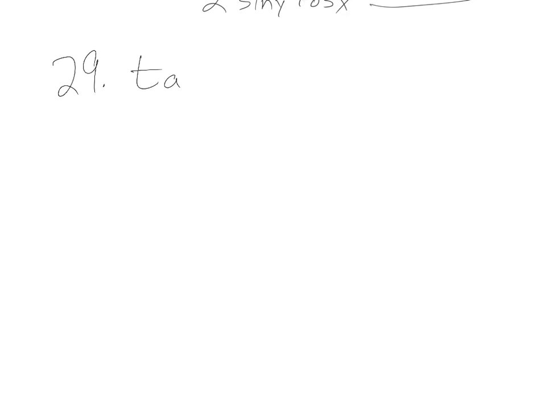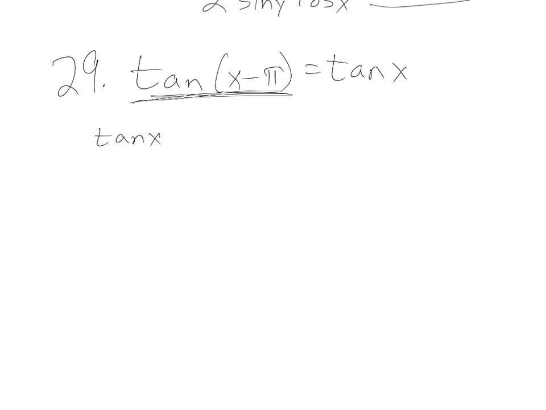Okay. The tangent of x minus pi is equal to the tangent of x. Okay, again, you need to recognize this is one of the formulas you're going to be doing, so let's use that. So that's the tangent of x minus the tangent of pi all over 1 plus tangent of x tangent of pi. Okay?